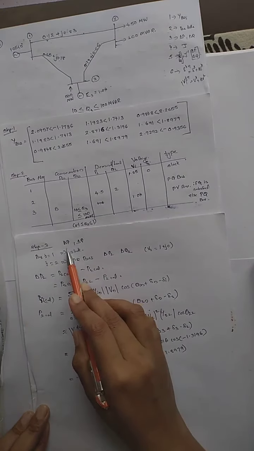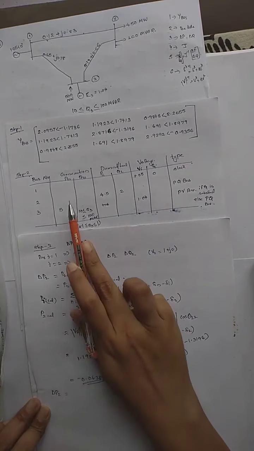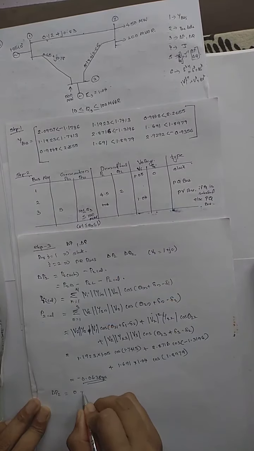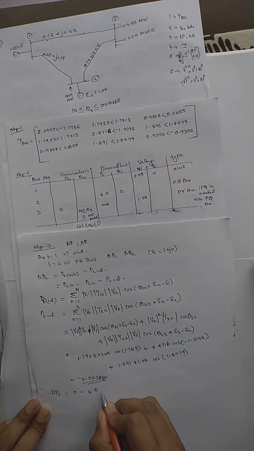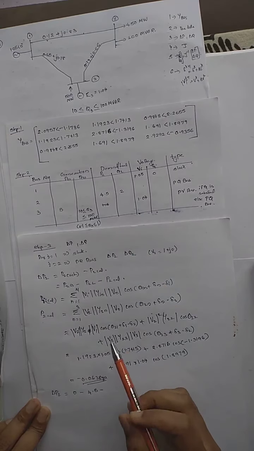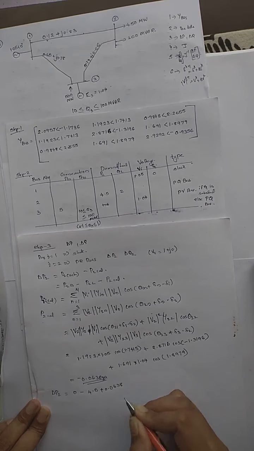Next we have to calculate our delta P. So P2 calculated we have found out. Delta P2 value will be P2 generated, that is 0, minus P2 load, that is 4.5, minus P2 calculated. P2 calculated is 0.0638 per unit.